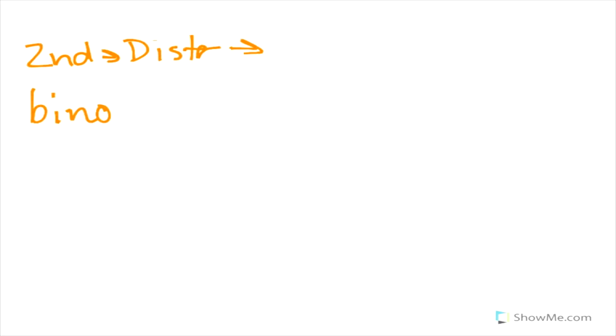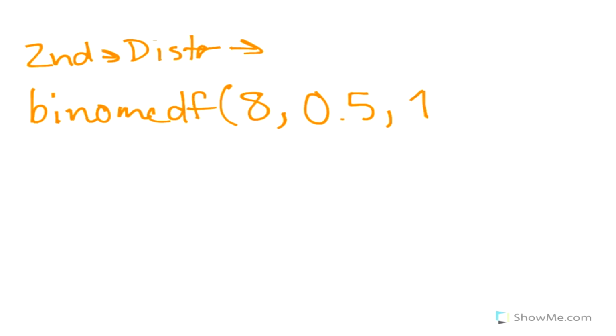So how we do that, on our graphing calculator we go to second, distribution, and then we have the binomial CDF. We type in our sample size, we're flipping the coin 8 times, and then the probability that it lands on heads is 0.5, and then we're interested that x is less than or equal to 4, so we put in 4 for our x value, and that gives us 0.637 on the calculator.